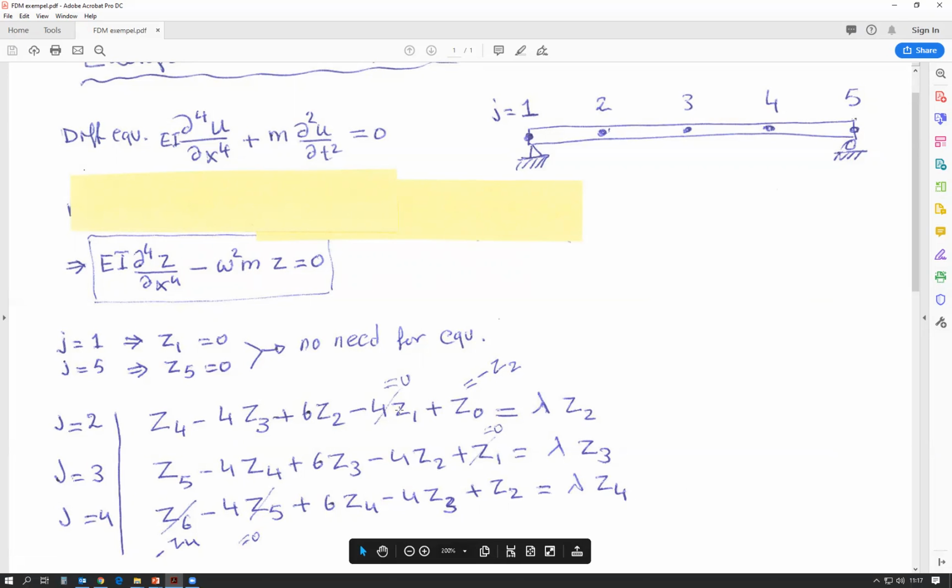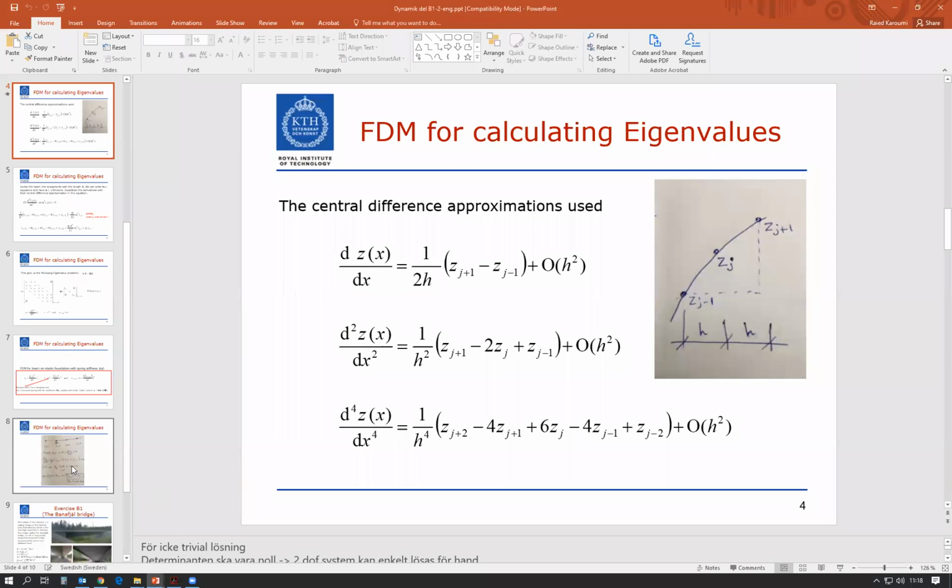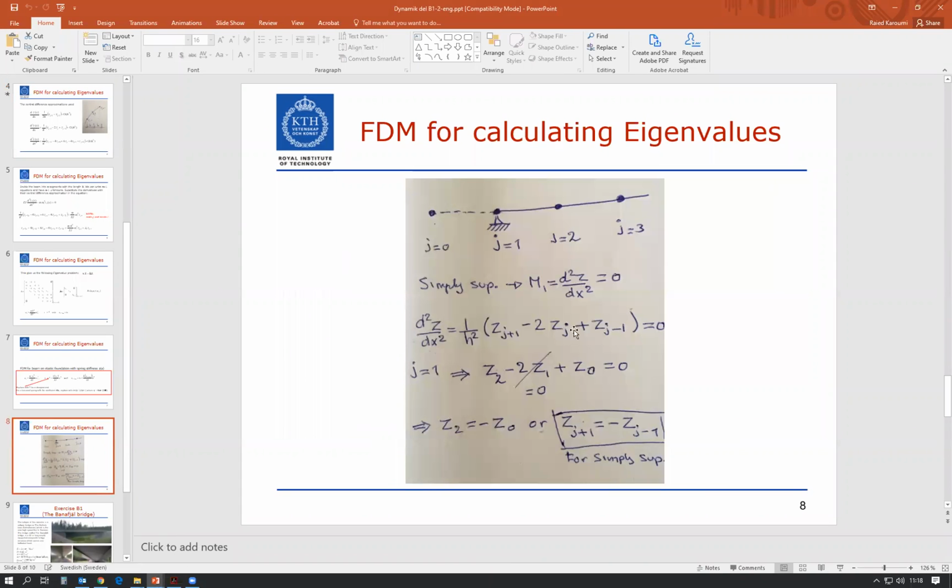And now directly we see that Z1, the displacement at point 1, is 0. And as we learned before from here, if it's simply supported, the displacement at this point is the same as this with a negative sign.